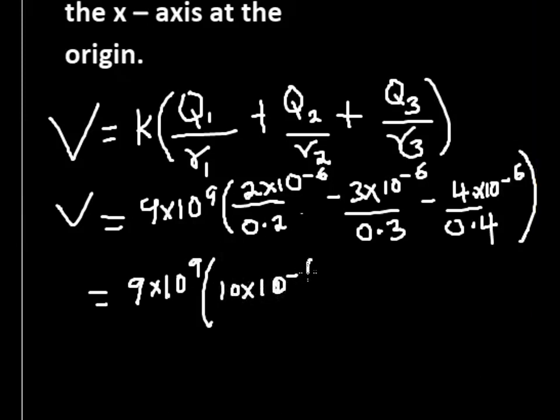So I'm just doing my own thing. This is also going to give me 10. This is still going to give me 10, and this is still going to give me 10. All of them are 10.